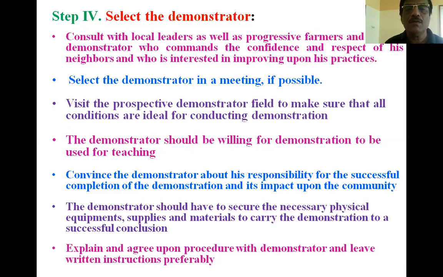The demonstrator should command the confidence and respect of his neighbors. He should have the confidence of the others in the village, and he should have respect in the village, and be interested in improving his practices. Such a demonstrator you should select.